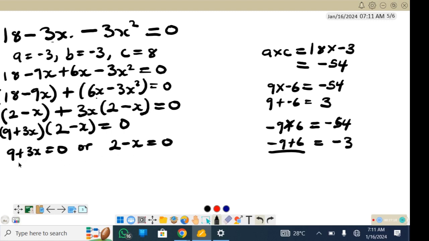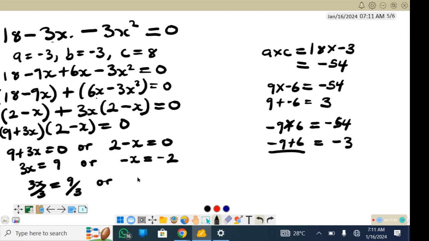So with what we have now, we have that 3s equals to minus 9, or, okay, let's keep our minus s, that gives us minus 2. So here, divide by 3: 3s over 3 equals to minus 9 over 3, or minus s over minus 1 equals to minus 2 over minus 1.